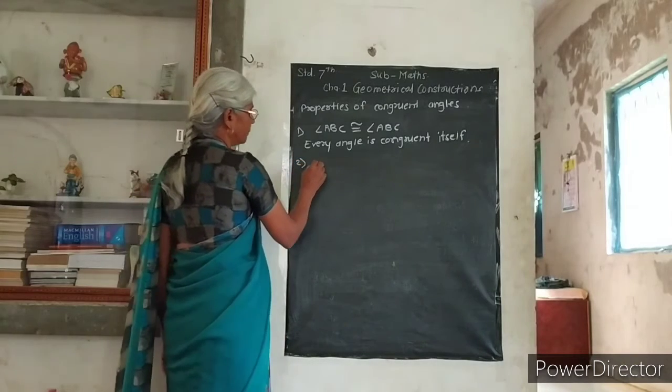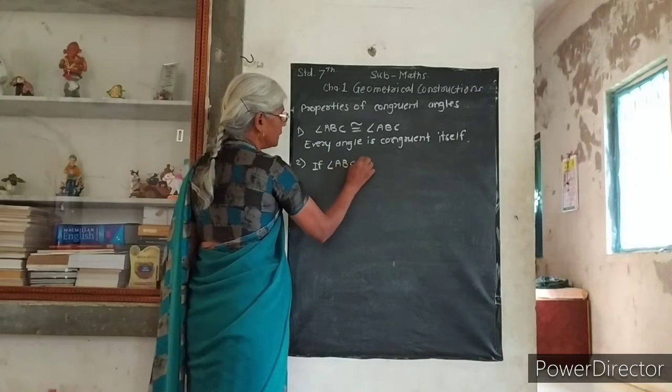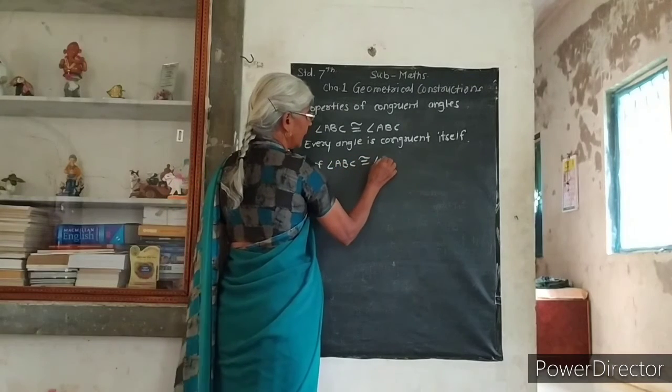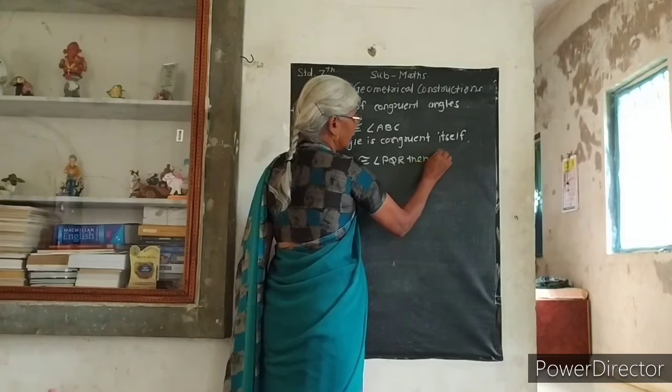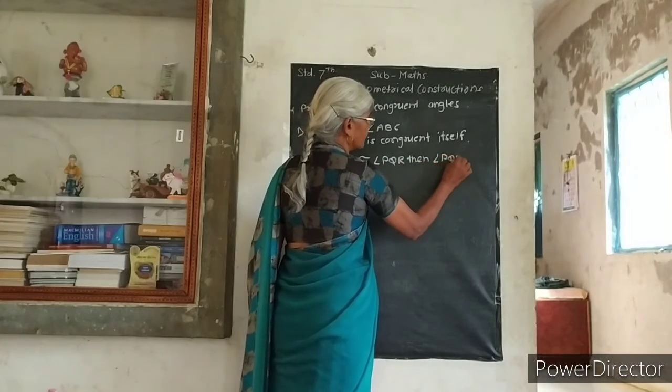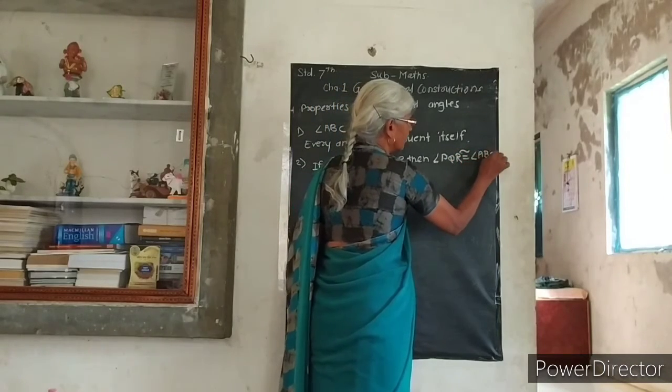Second property: if angle ABC is congruent with angle PQR, then angle PQR is congruent with angle ABC.